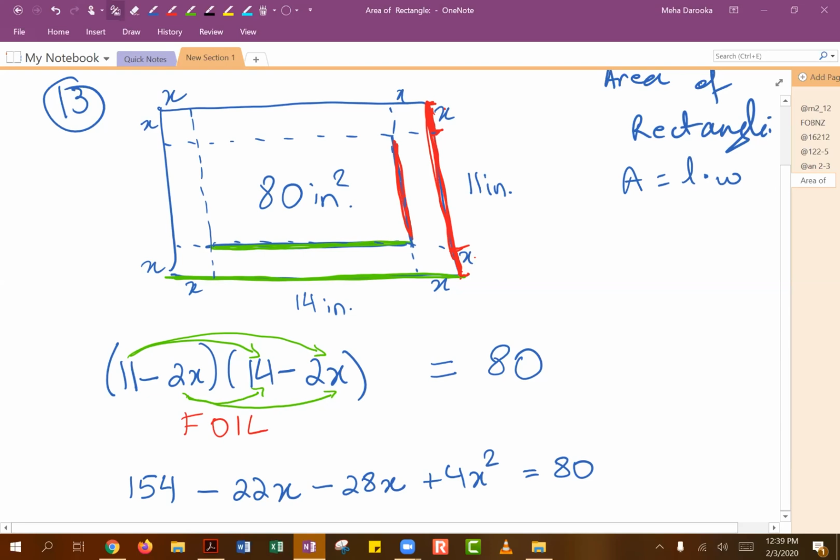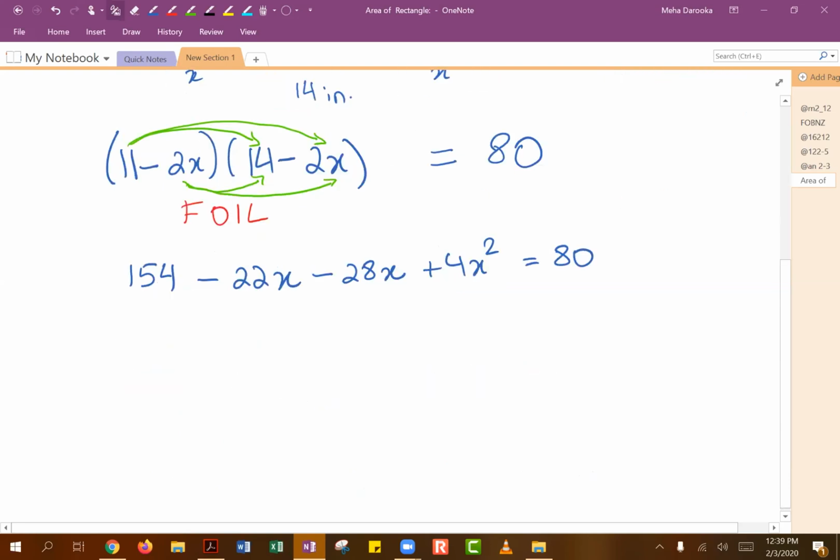Then we FOIL our two parentheses, so 11 times 14, 154. 11 times negative 2x is negative 22x. Negative 2x times 14 is negative 28x. And then negative 2x times negative 2x is positive 4x squared, and of course that equals 80.